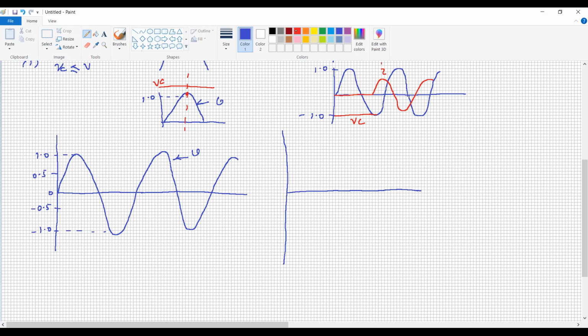The capacitor voltage is 0. So we can consider here VC is equal to 0.